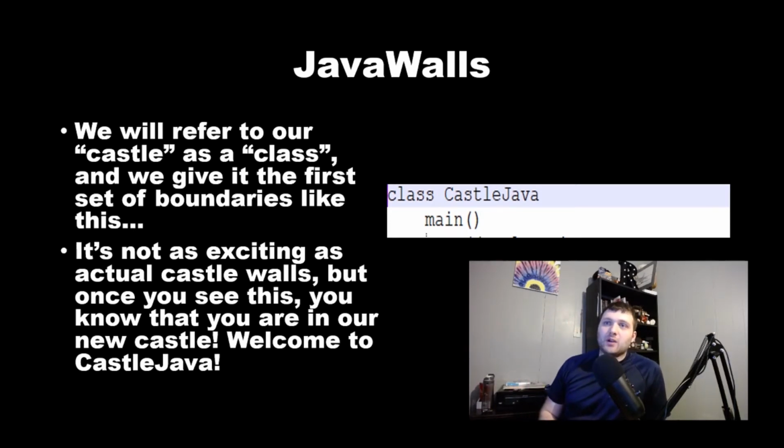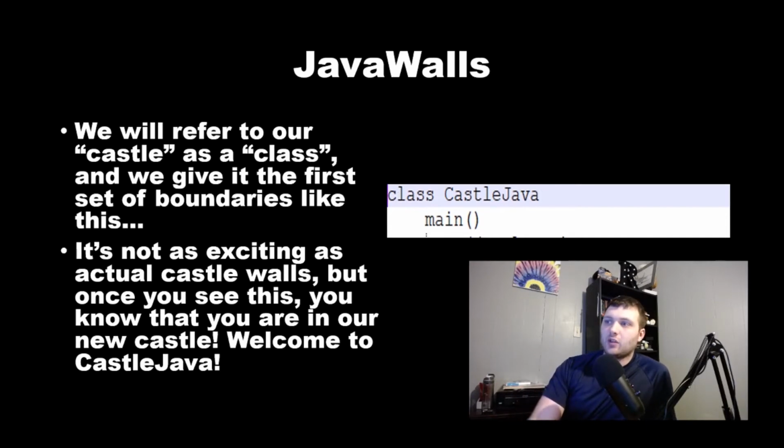But I'm going to refer to our castle as a class, and we'll give it our first set of boundaries like this. This is our class Castle Java. We're naming our class here Castle Java. That is the first set of walls here. Now that's like our moat. That's going to surround the entire castle.